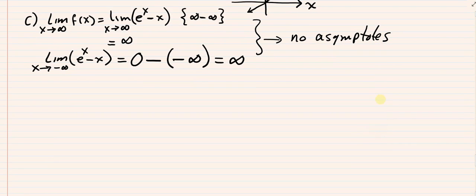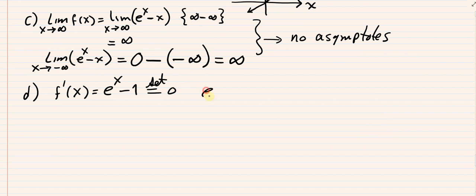What else? Let's take a look at the extrema. For extrema, I need to take the derivative of the function. The derivative of e to the x is itself, minus 1. Set it equal to 0 to get the critical numbers. So we get e to the x is equal to 1. You can see by inspection, or just rewrite it in log form.